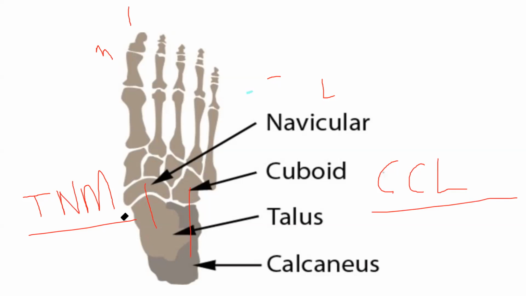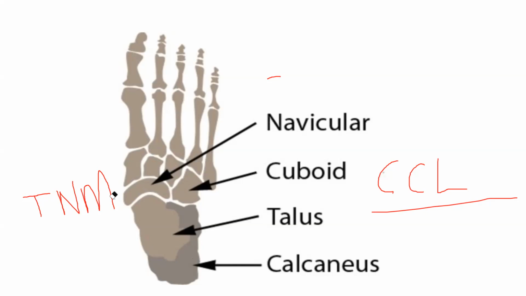Sometimes you get confused about where the calcaneum, cuboid and navicular are, and believe me, it's difficult to remember everything. So this is a very simple thing. Tibia is above, then comes talus, and then calcaneum. Medially and laterally there is the TNM classification, where M is medial, T is talus, N is navicular. So talonavicular is medial, calcaneocuboid is lateral.